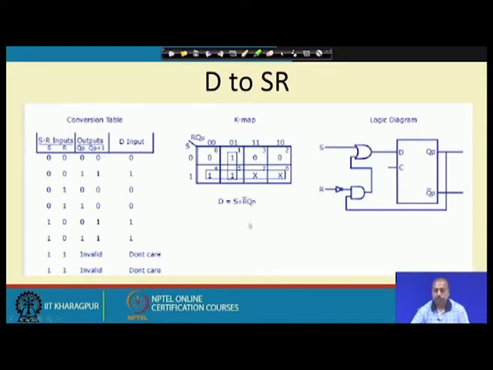Here R is inverted, Q p is taken, they are ANDed and ORed with S, and that is fed to the D flip flop. This way we can make conversion from D flip flop to SR flip flop.